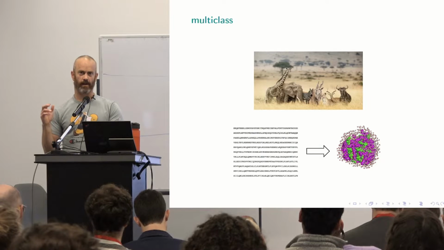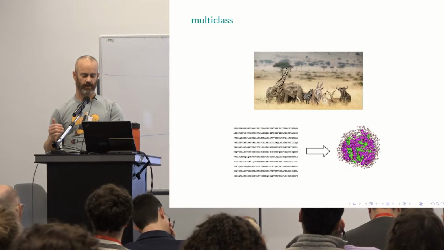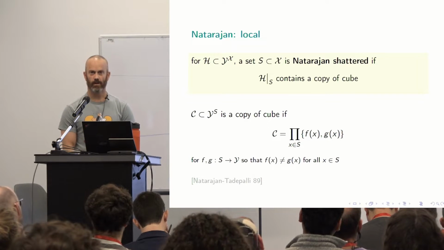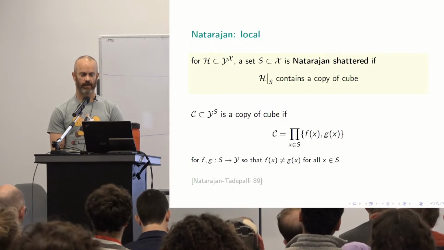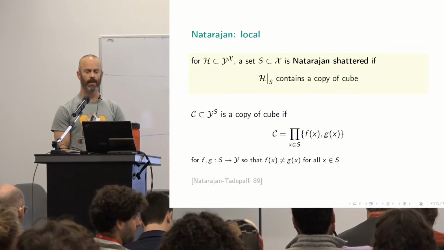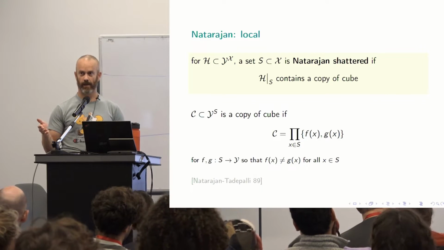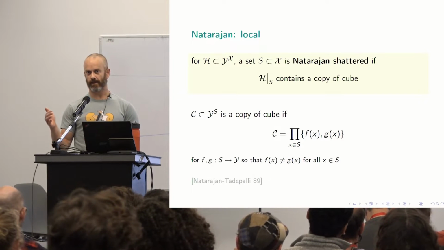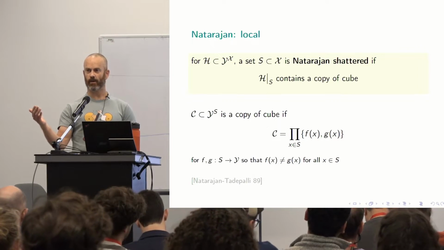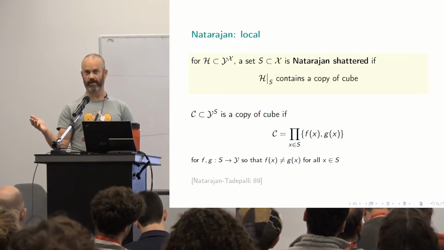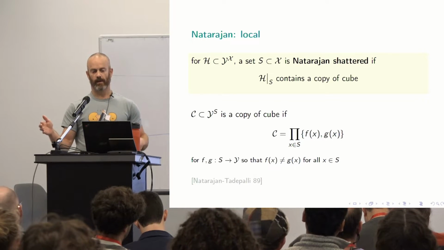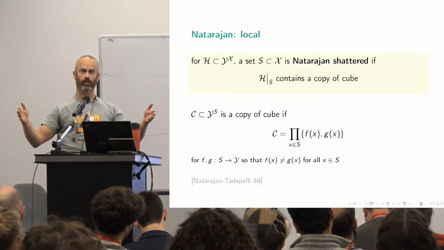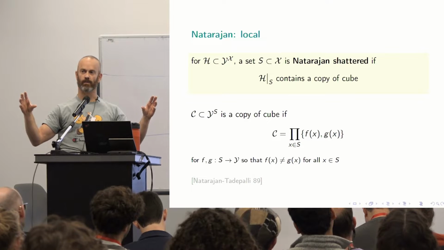And now there are other dimensions you can define. I will tell you about two dimensions. One is called the Natarajan dimension. The Natarajan dimension is again defined by local complexities, and it is the most naive extension of the VC dimension. A set is Natarajan shattered if when we project to it, we see a copy of the cube.